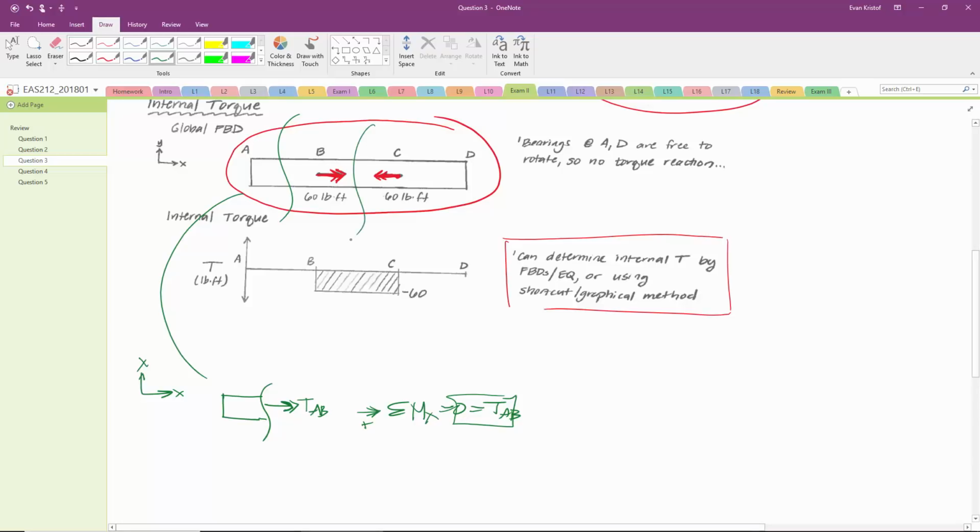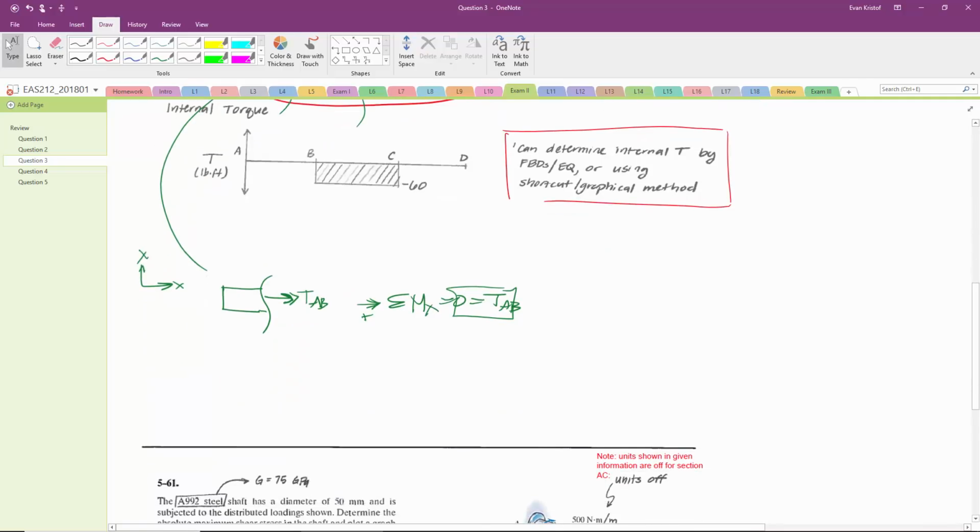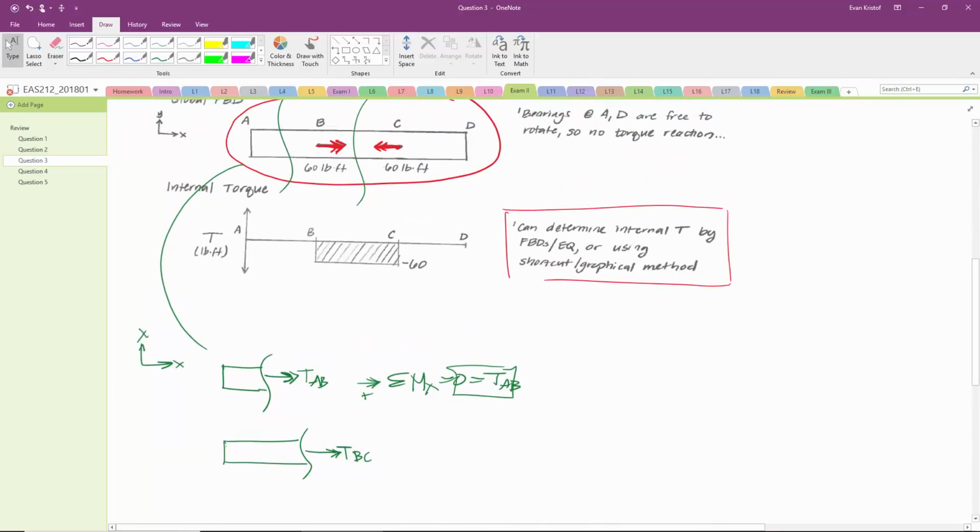Now if I make a section cut between B and C, I get an unknown torque BC on the section cut, but I also have to the left of the section cut this 60 pound-feet pointed to the right.